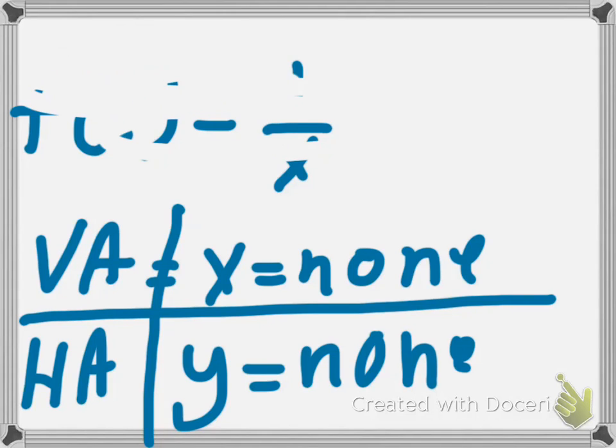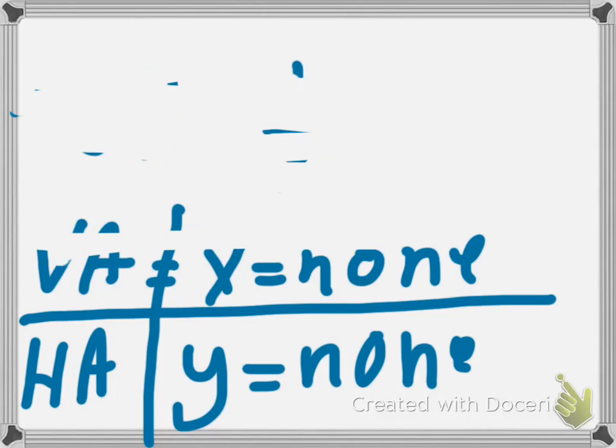So let's erase all this out of the way, so we have room to write down our domain and range for this problem. Now, to find the domain and range, we need to write down the information that has already been given to us.